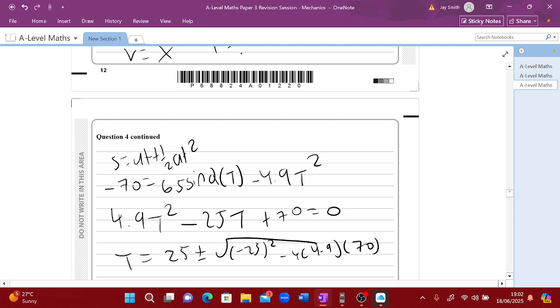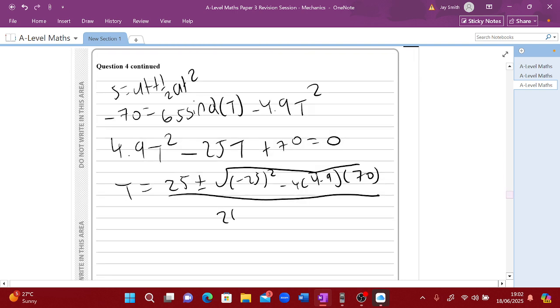That is a 70, not 6. All over 2 of a, which is 2 of 4.9. Then you can use a quadratic solver, which should be a lot quicker, but you're showing your working. So that'd be 4.9 for a, minus 25 for b, and 70 for c.